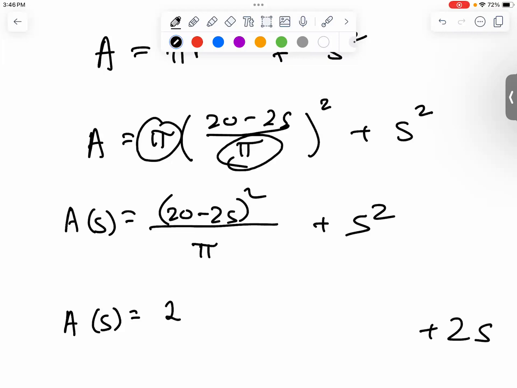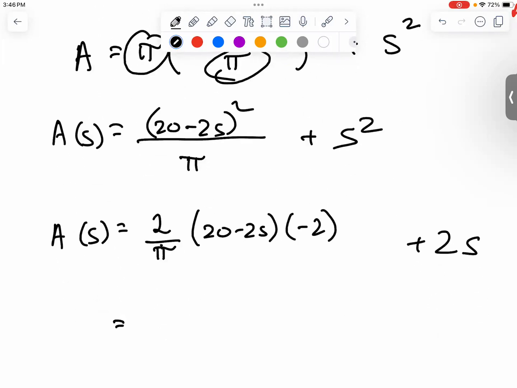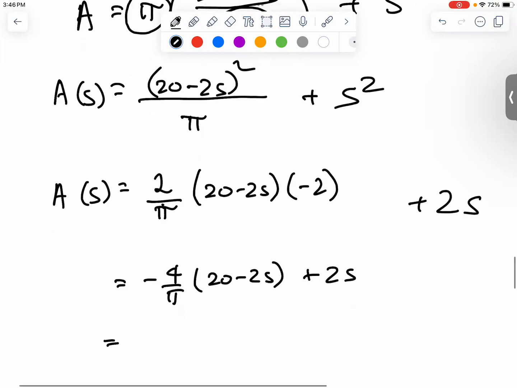So we have 2 over π times (20 minus 2s), and then times negative 2 as the derivative of the inside, and then plus 2s. If you multiply it all out, negative 4 over π times (20 minus 2s) plus 2s.